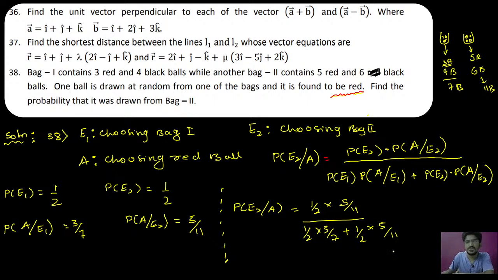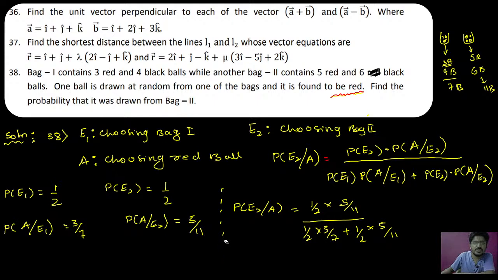Okay. So now 1 by 2 is common from both numerator and denominator. You just take it as common and cancel it.